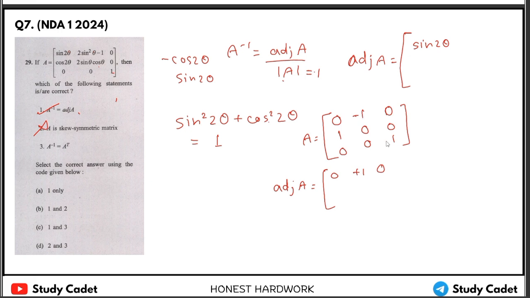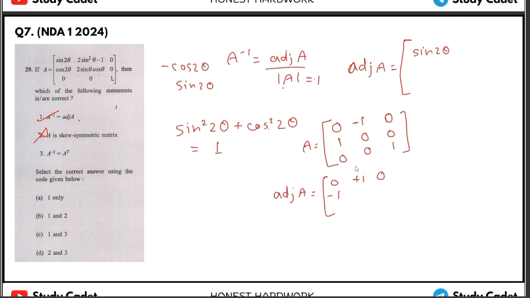Now here it is 1, so it will be minus 1, and then here it is 0, here 0, then coming to here, this is 0, this is also 0, this one is minus 1, so plus 1.